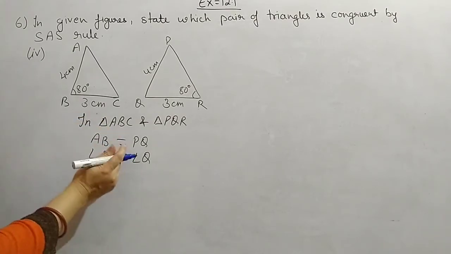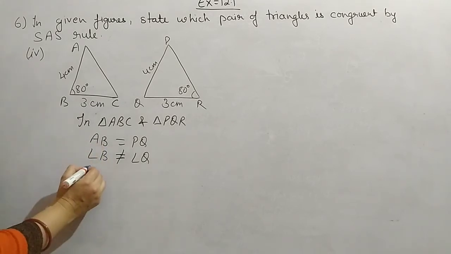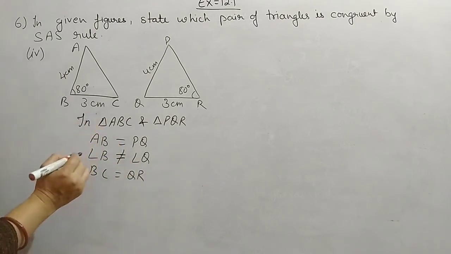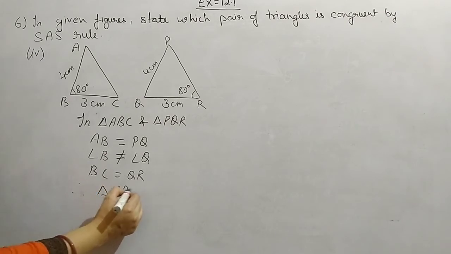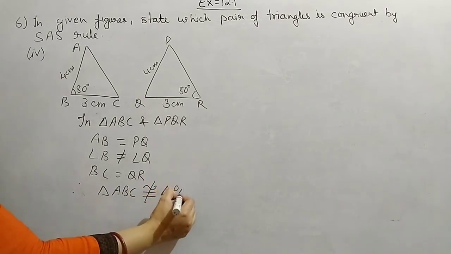So without information we don't know whether these two angles are equal or not. So we will put here the not equal to symbol. Then BC is equal to QR. So we can write, therefore, triangle ABC is not congruent to triangle PQR.